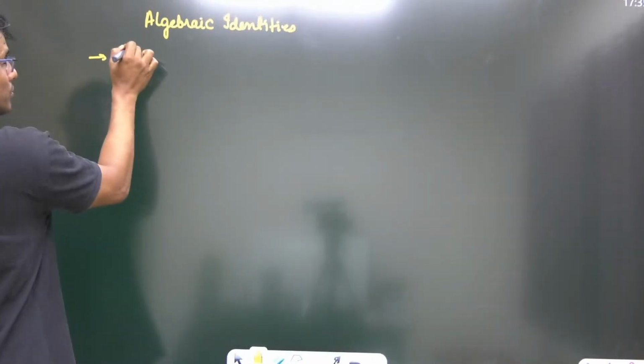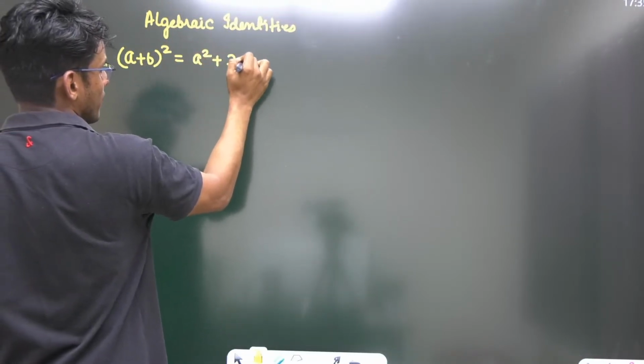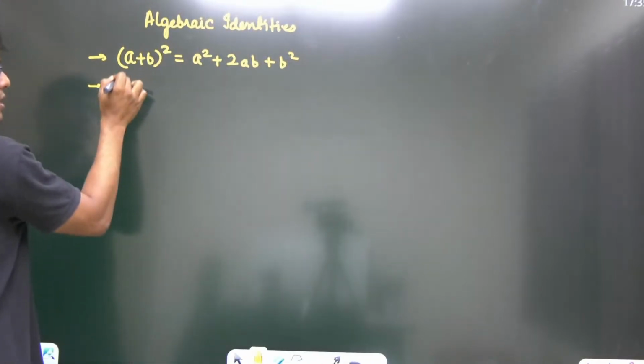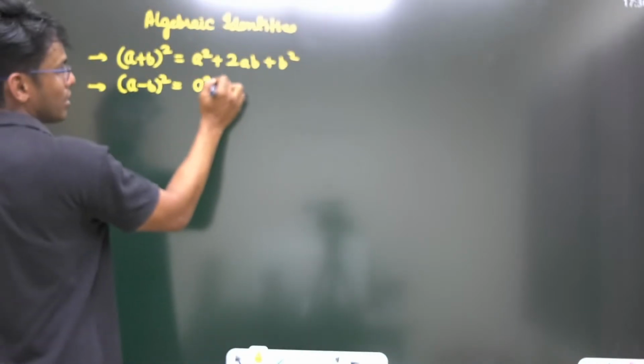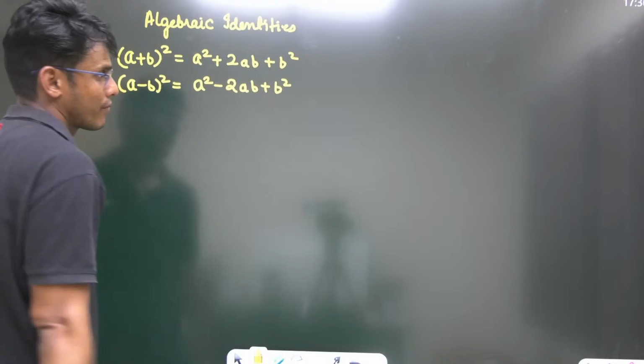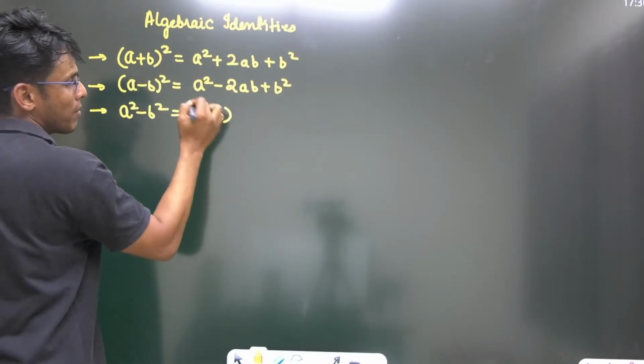So a plus b square is a square plus 2ab plus b square. If you replace b with minus b, then you replace minus b everywhere. So you get this. Then you have a square minus b square as a plus b times a minus b.